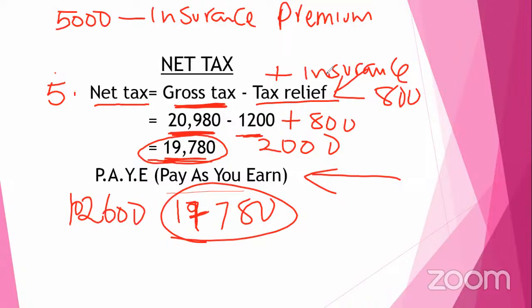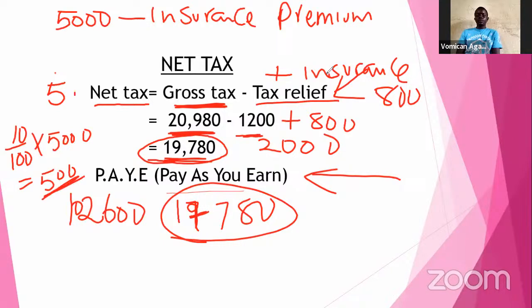So you work out 10% of 5,000, and that will be 500. So now your insurance relief becomes 500 because it is pegged on the insurance premium. So that 500 now becomes the insurance relief.